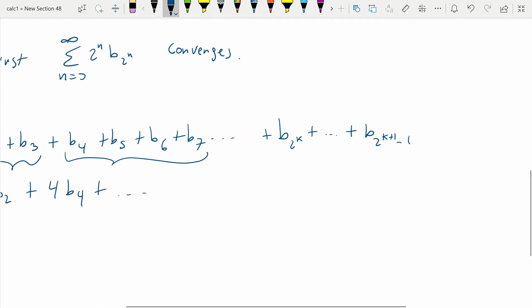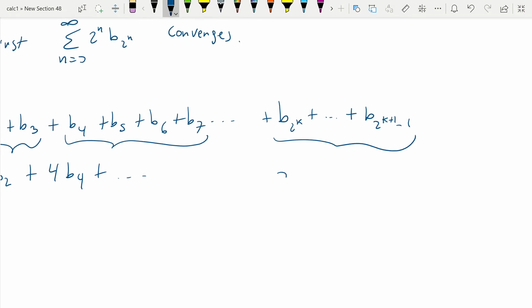Until all these terms can be bounded from above by 2 to the k times b sub 2 to the k, which is how many of these terms there are, times the first one, the biggest one.